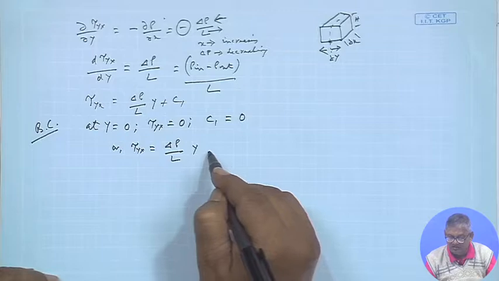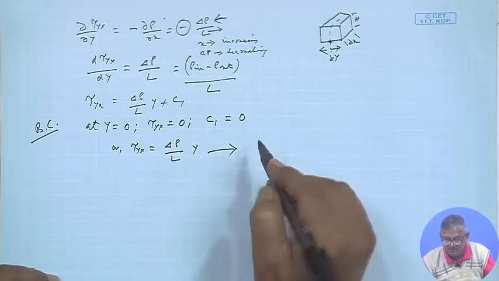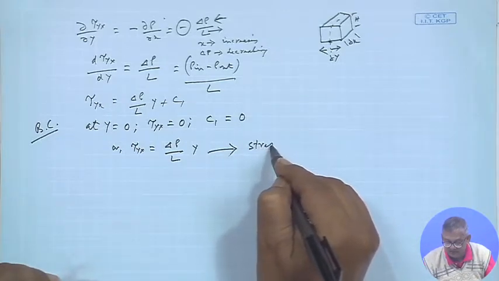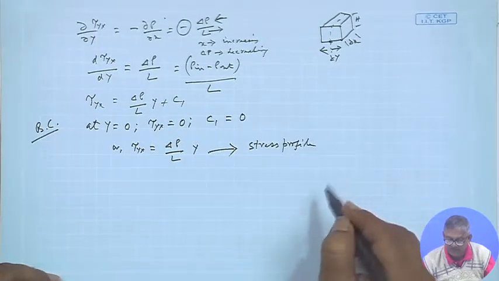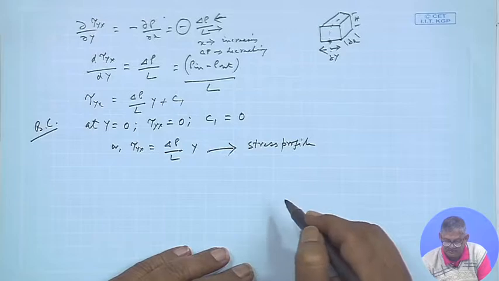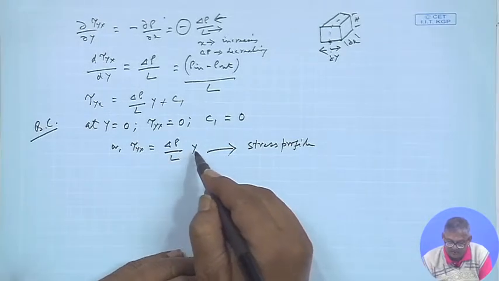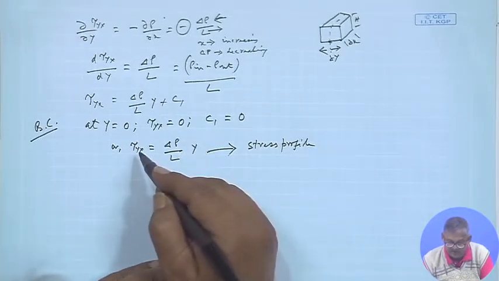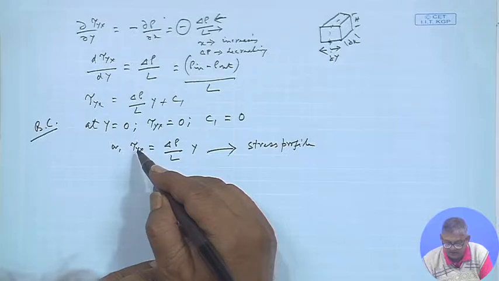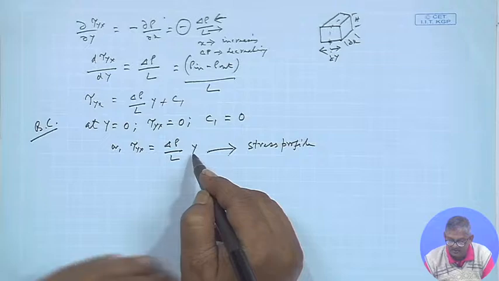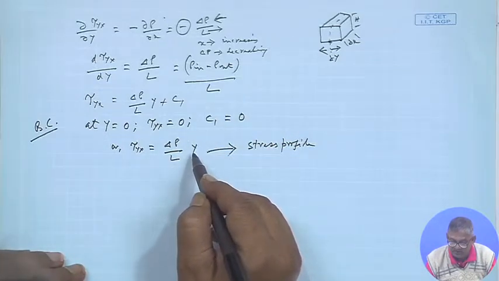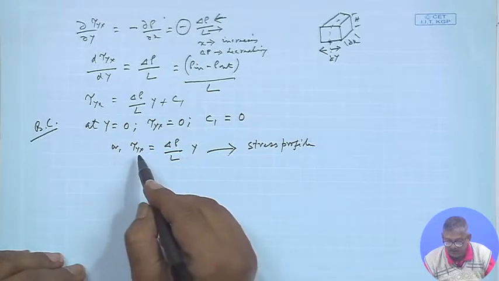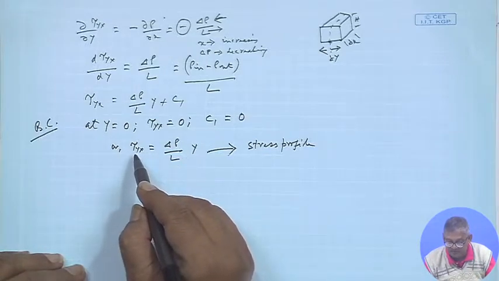That is the stress profile. If we plot this stress profile, as y is increasing, tau y x is also increasing. Under limiting condition, when y is plus del, tau y x will have a plus value.